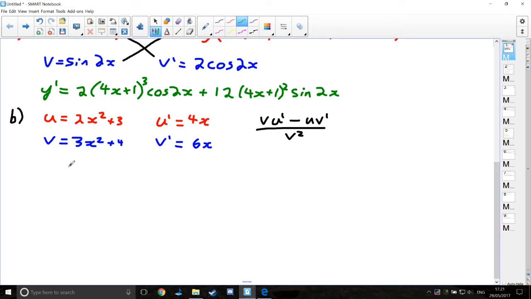So we end up with (3x squared plus 4) multiplied by u dash, which is 4x, minus u v dash, so that's (2x squared plus 3) multiplied by 6x.